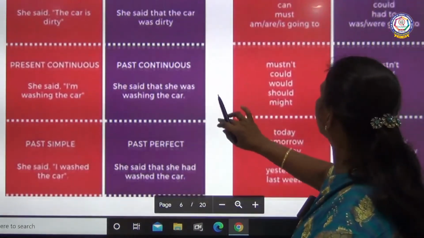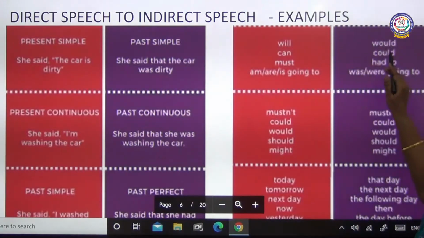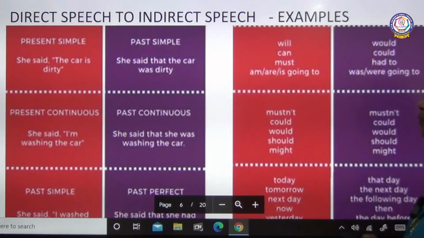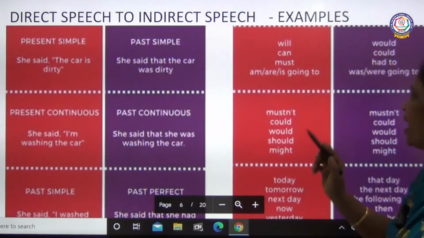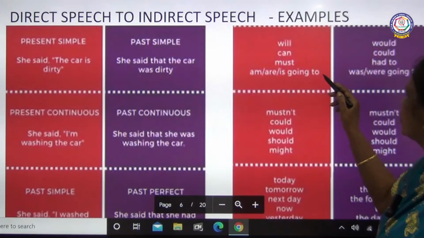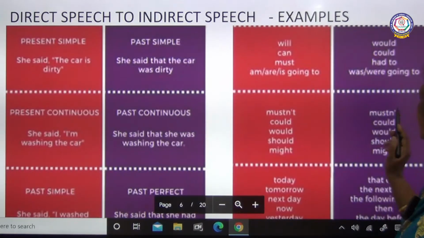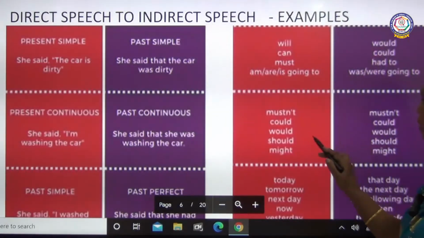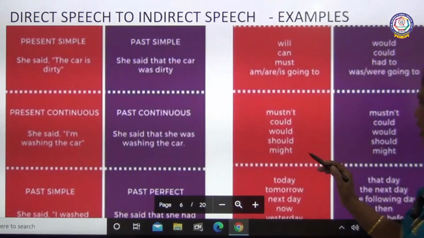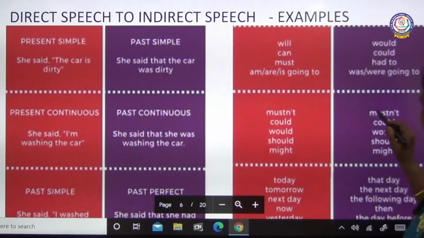In the same way, will is changed into would, can into could, must into had to. So when must is given, you will be having had to. Am, is or are changes into was or were going to. Mustn't, could, would, should and might stay the same, because they are already in past tense, so we will be having only the past tense.